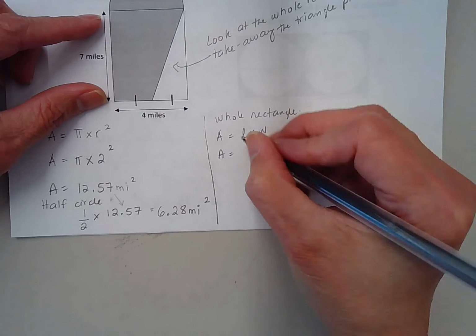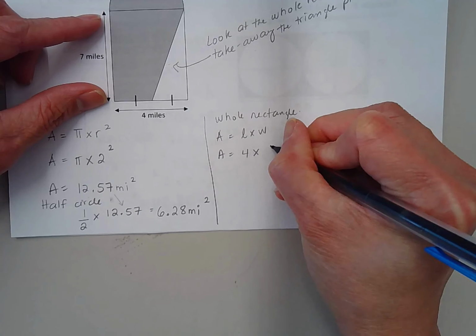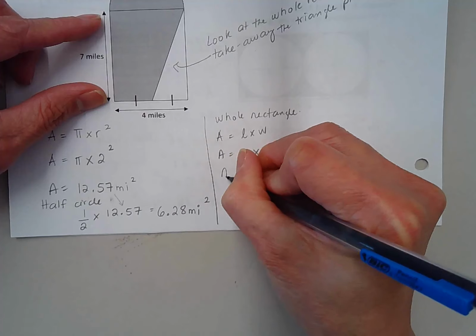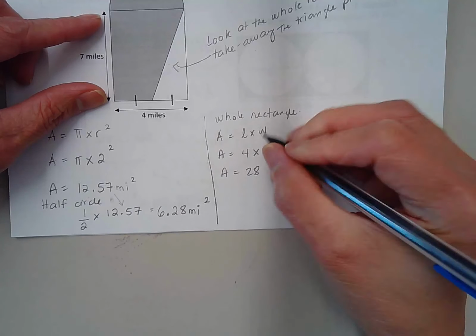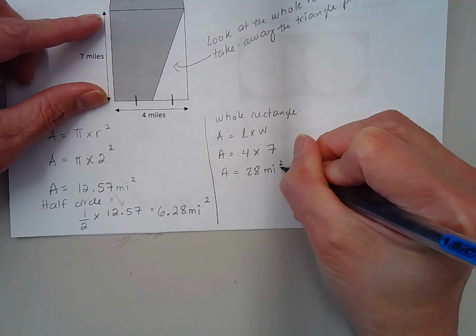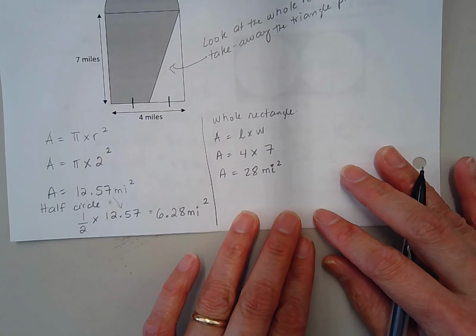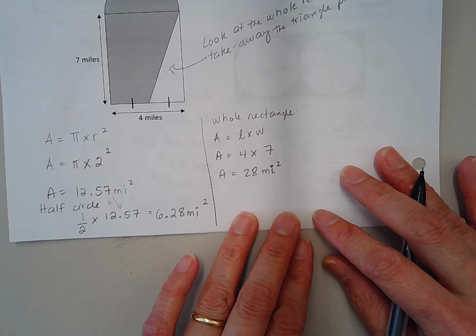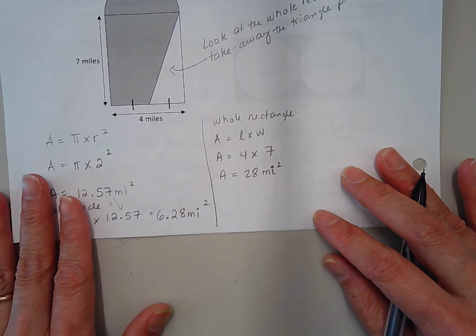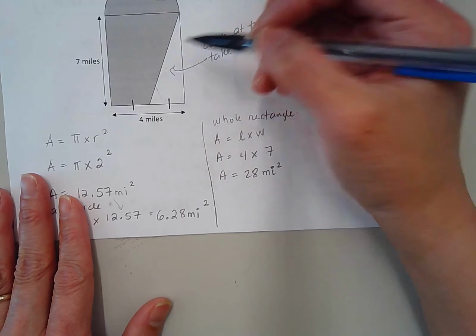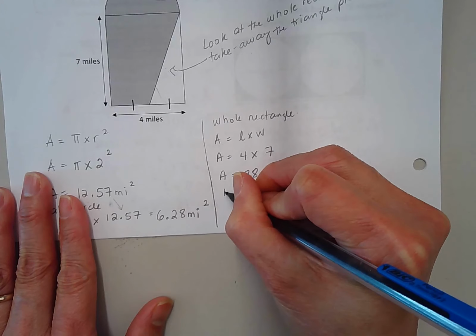So length is 4 times width is 7. It's gonna give us 28 square miles. It's exactly 28. Now we have to get rid of this part here, the triangle.